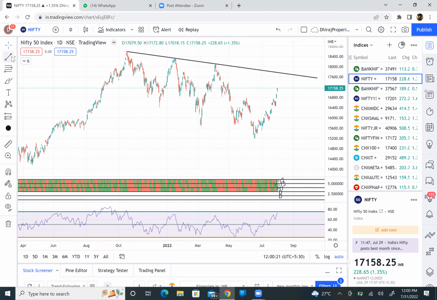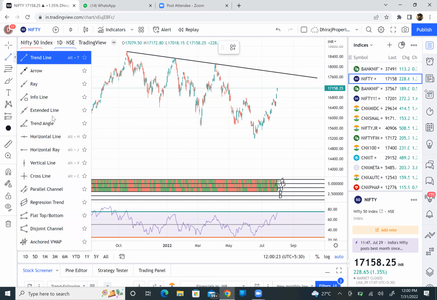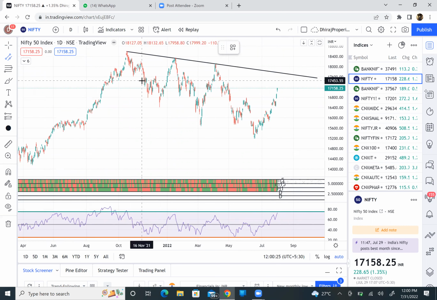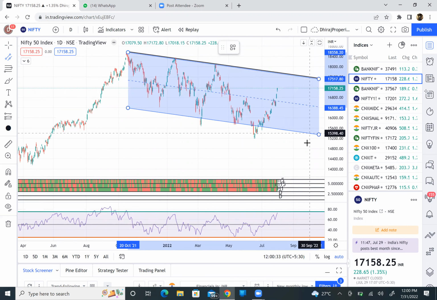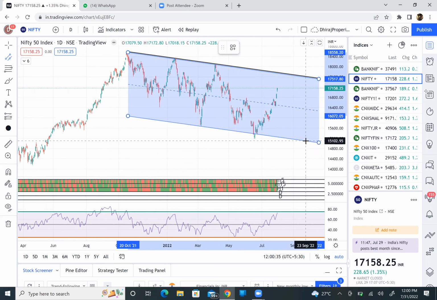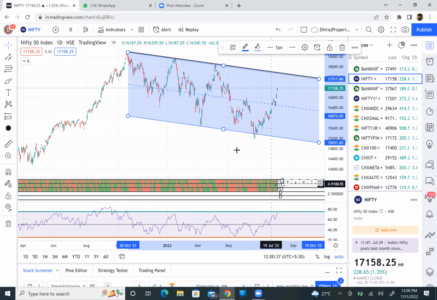If I just make it a parallel channel, then you will understand. Something like this. We are above the midline of this channel, and we may hit it and then start coming back. But there was an intermediate high here, so we broke that intermediate high, and we are higher than that.